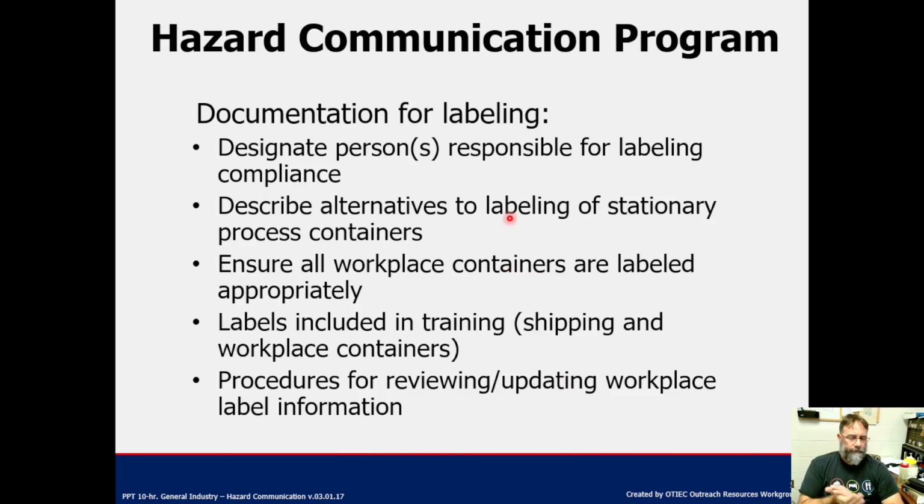The labeling, you go through, obviously things need to be labeled. Stationary containers, they also have what they consider secondary labeling, workplace containers. How are things labeled? So you can have the primary labeling, and then you have the secondary labeling. The primary would be you get the stuff in, secondary you put it into a spray bottle.